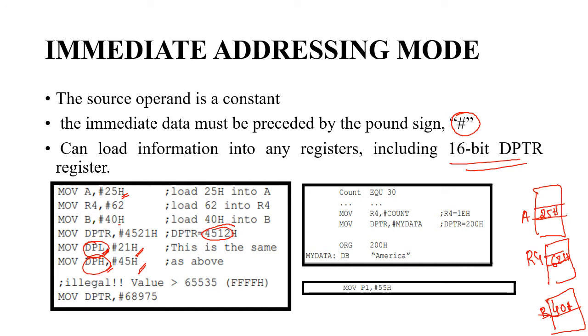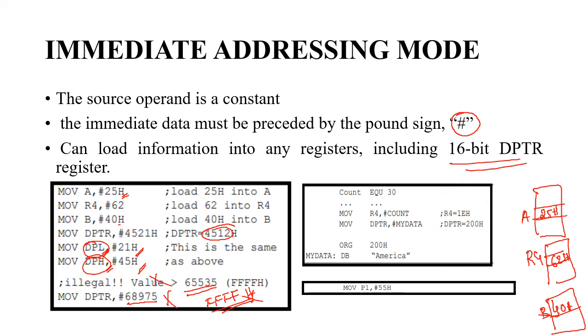Whereas the last instruction, MOV DPTR, #68975, is illegal because the value is greater than 65,535. The maximum value that you can represent using 16 bits is FFFF. Anything above FFFF cannot be loaded into a 16-bit register. That is why MOV DPTR, #68975 is an illegal instruction.